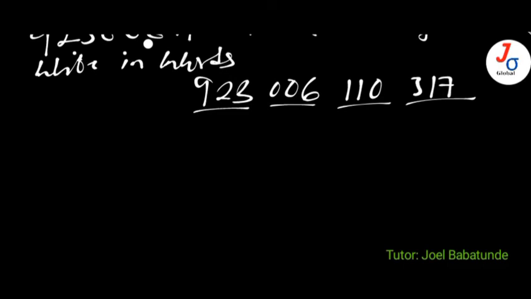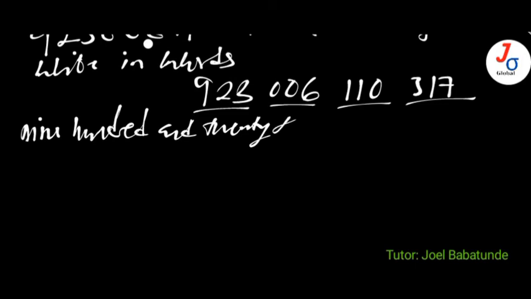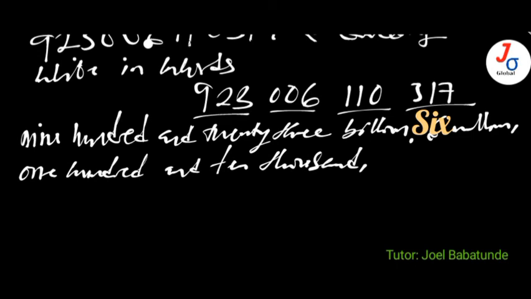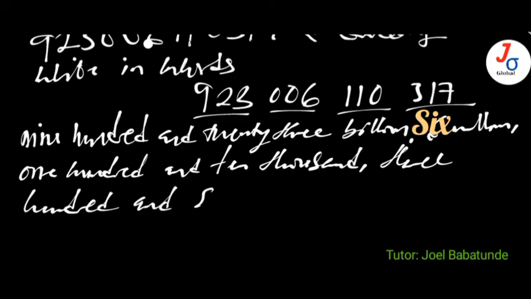I write this as 923 billion, 6 million, 110 thousand, 317.